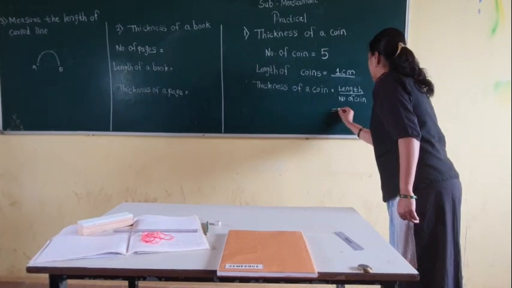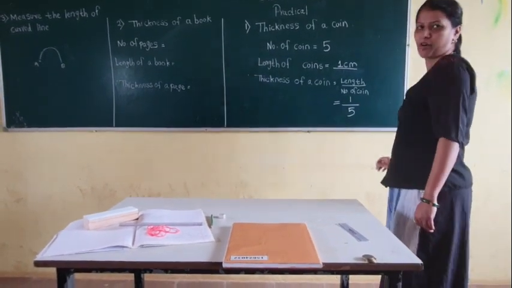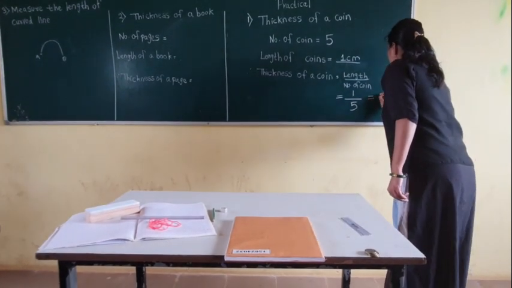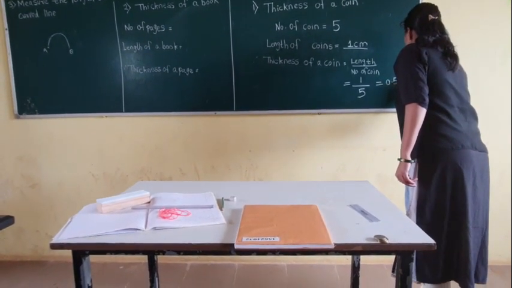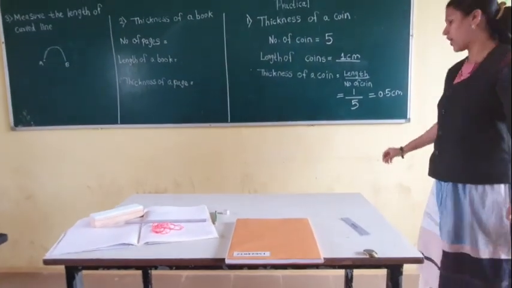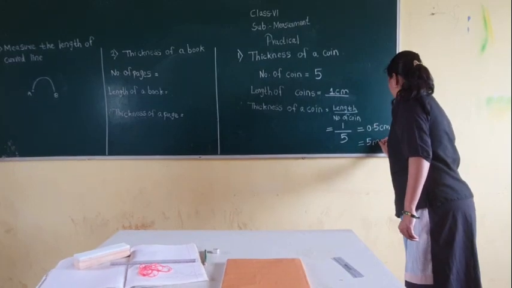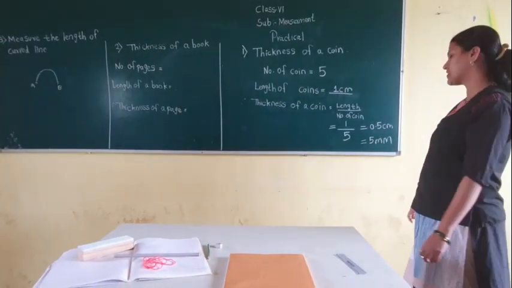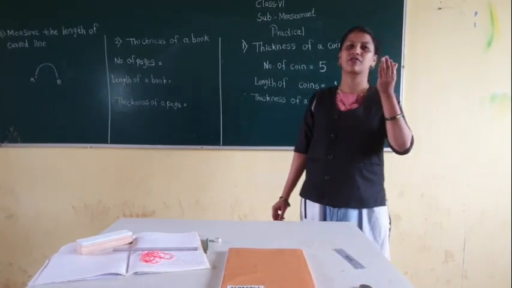So the length is 1 upon the number of coins, 5. So 1 upon 5, the thickness will be 0.5 centimeter. Am I right? Or we can write 5 mm. So the thickness of 1 coin is 5 mm.